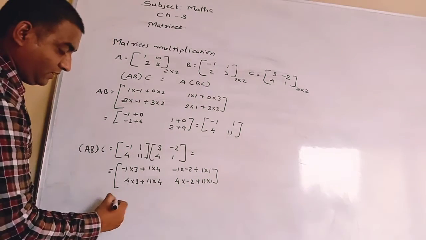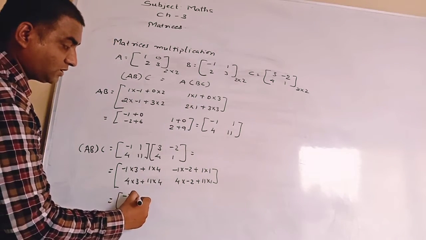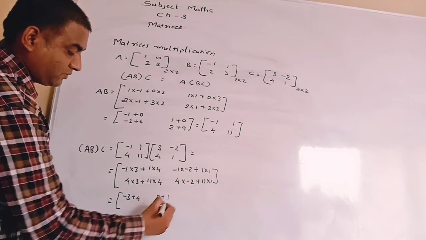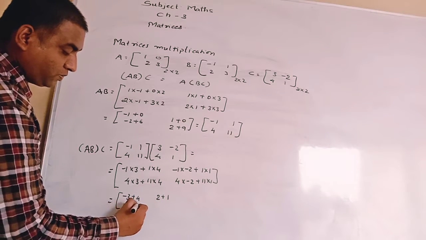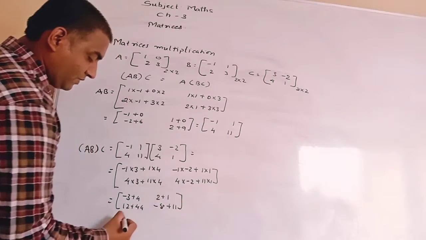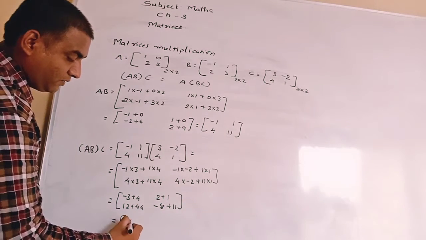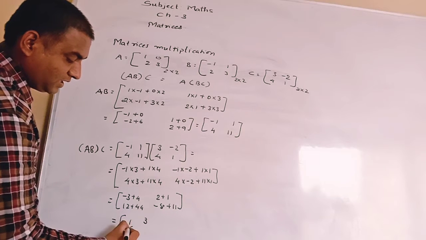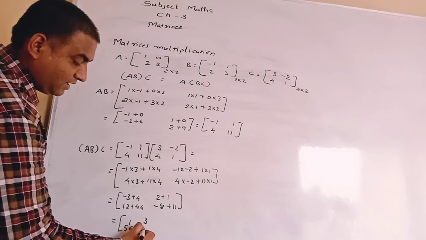And so we get -3 plus 4, 2 plus 1, 12 plus 44, -8 plus 11. So it will be 1 3 56 3.